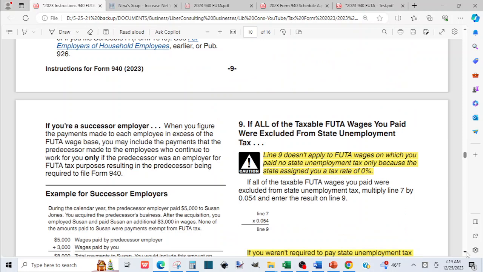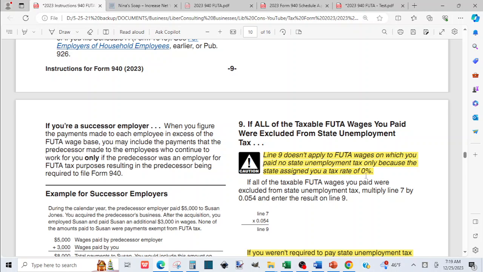Okay, so line 9. If all the taxable FUTA wages you pay were excluded from state unemployment tax, line 9 does not apply to FUTA wages on which you pay no state unemployment tax only because your state assigned you a tax rate of 0%.